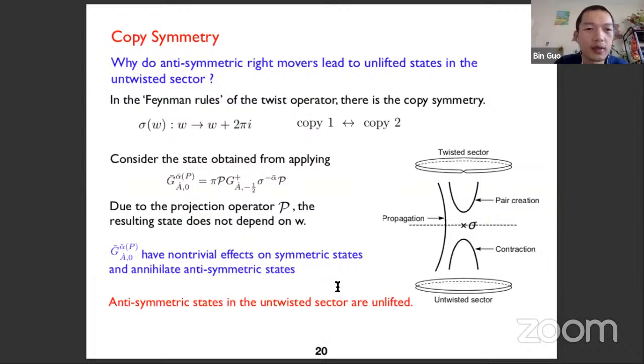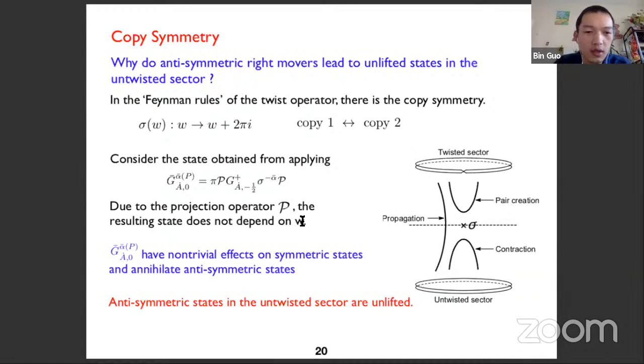Okay, here I will explain the copy symmetry. In the Feynman diagram of the twist operator, if you move the position of this twist operator around the circle, you will change the label copy 1 and copy 2. However, to compute the lift, we will use the G+ operator, which contains a projection operator P that eliminates all the W dependence.